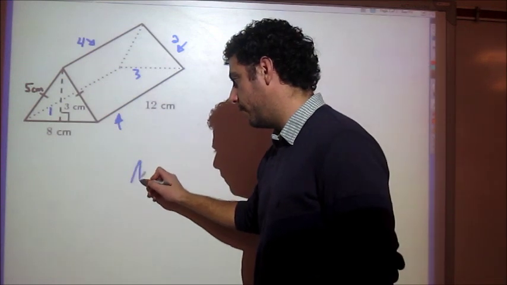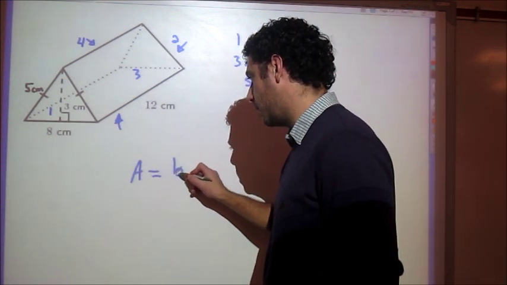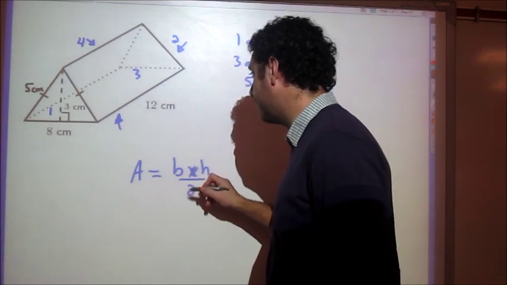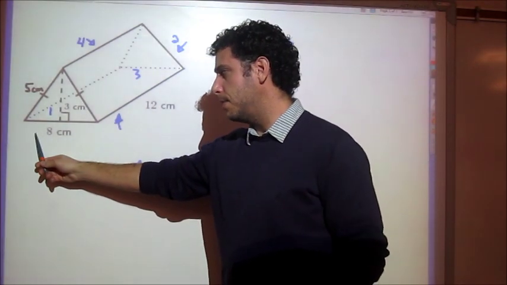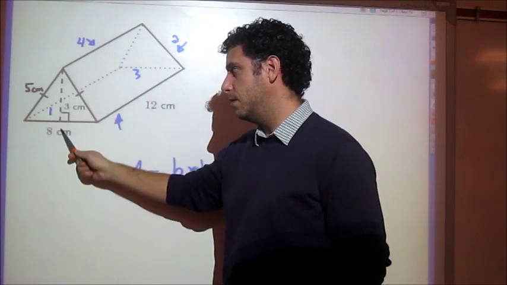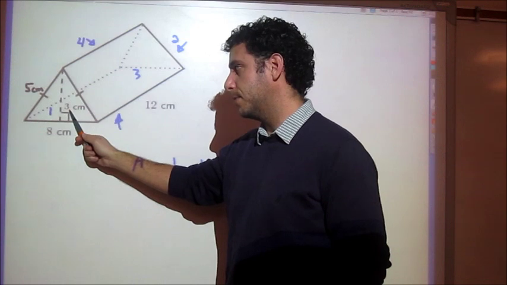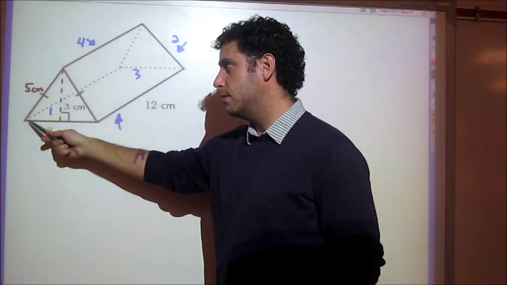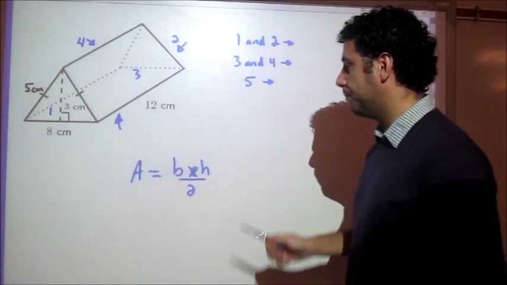Now remember the formula for the area of a triangle is base times height divided by 2. So let's start with that. Now be careful here. The base is 8 and 3 centimeters is the height. 5 centimeters is not the height of this. This is the length of this slant, this diagonal line.